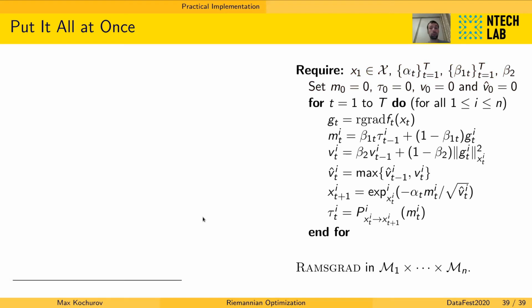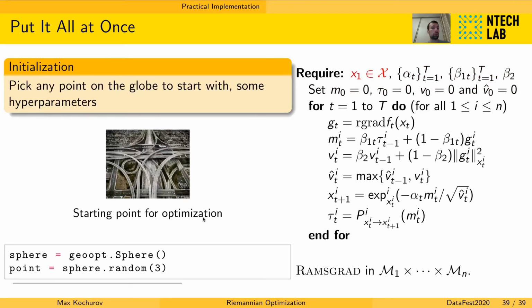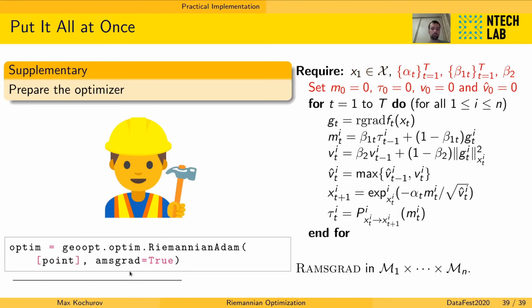Now we are ready to put it all together. Of course, we start with initialization and pick some random point on the manifold. We can use, for example, the random method of the manifold, and then initialize Riemannian Adam with AMSGrad turned on, passing all the parameters you have from your optimization problem.